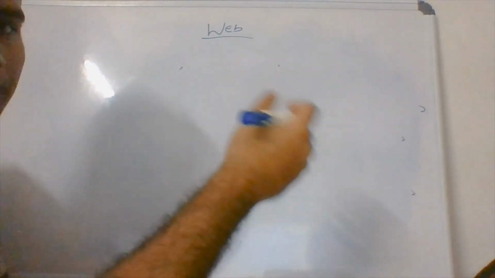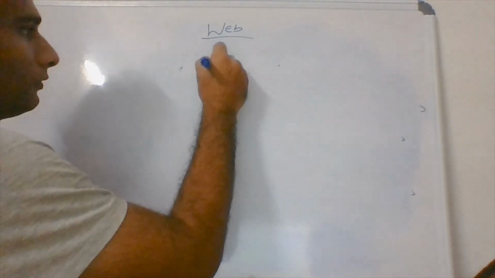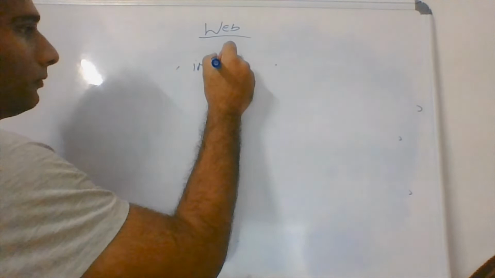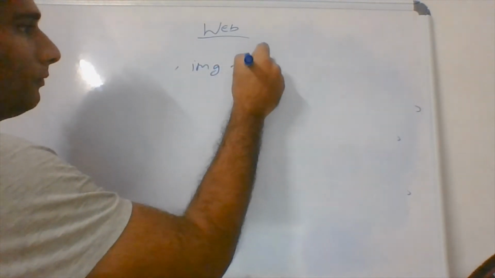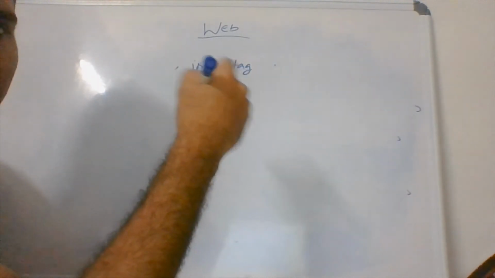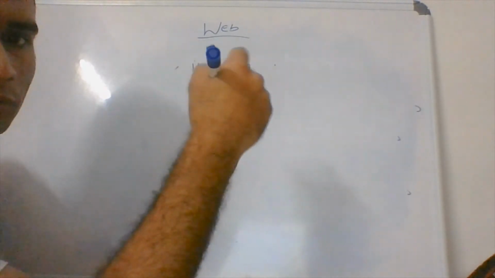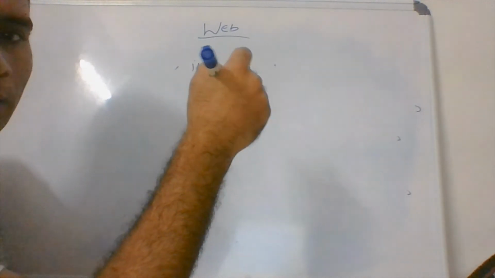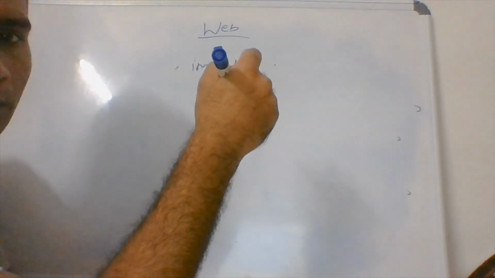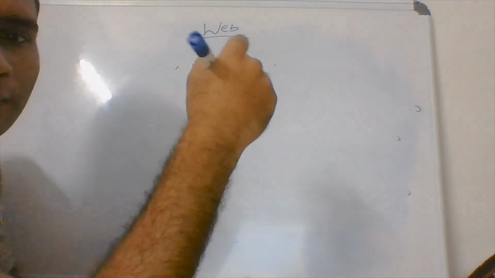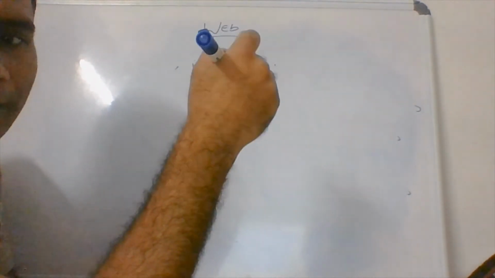The next we have HTML's image tag. So the img tag or image tag is used to embed an image in a web page. Images are not technically inserted into a web page. Images are linked to the web pages.